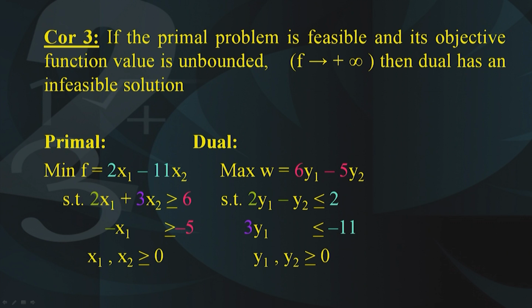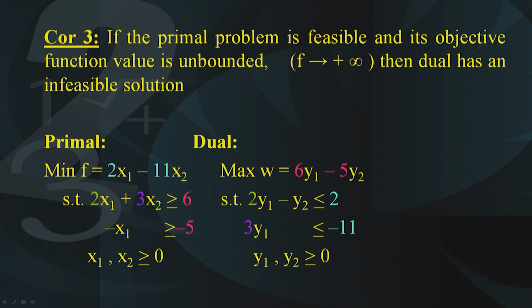So, till now we have not been talking about the unbounded case and the infeasible case, but the third corollary tells us the relationship between unbounded solution and infeasible solution of the primal and the dual respectively. That is, if the primal problem is feasible and its objective function is going to infinity, that is, it is unbounded, then automatically the dual will be infeasible.